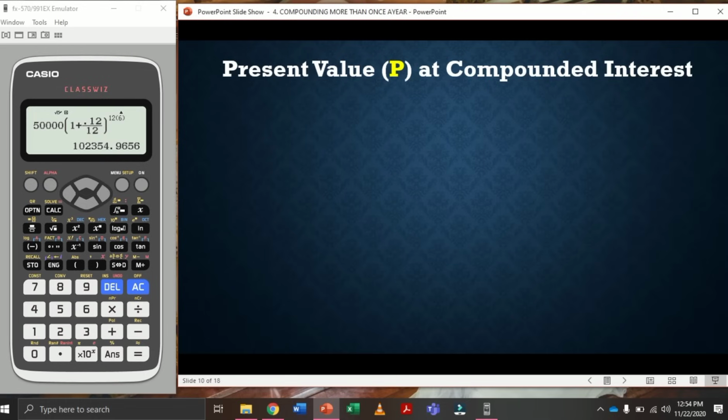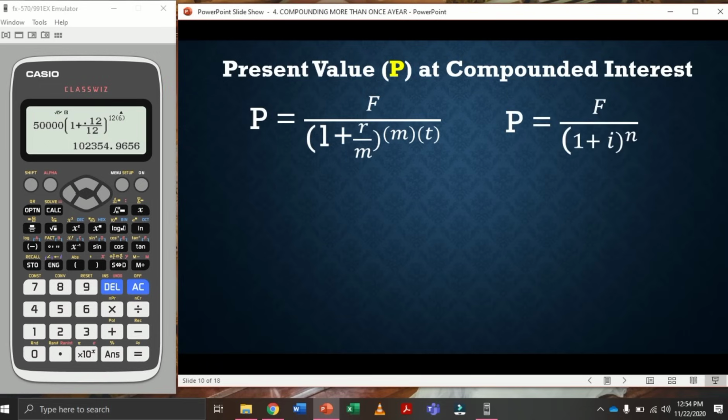Okay, paano naman kunin yung present value at compounded interest? So, using this formula, P is equal to future value divide 1 plus r over m raised to mt, or P is equal to F over 1 plus I raised to n. Naging numerator natin yung future value divide yung formula na ginagamit natin to find the future value.